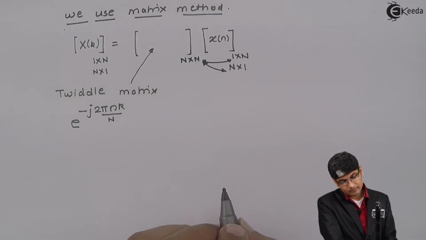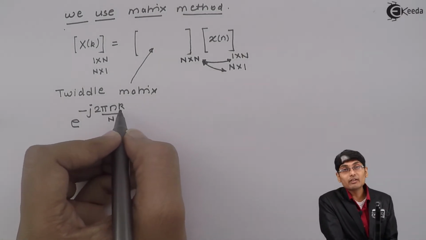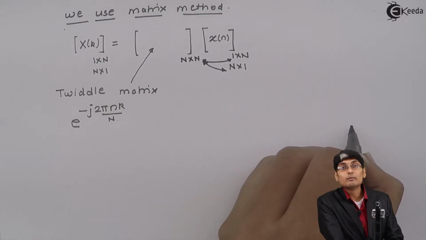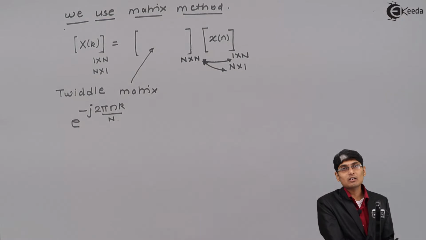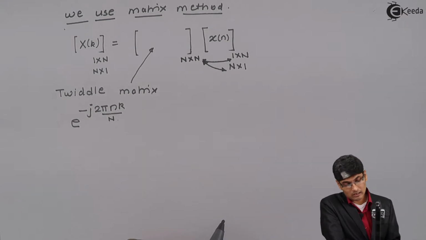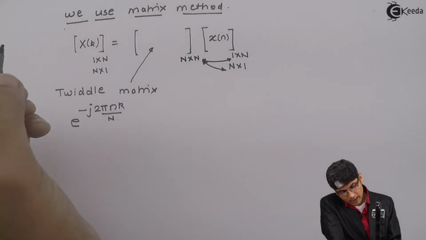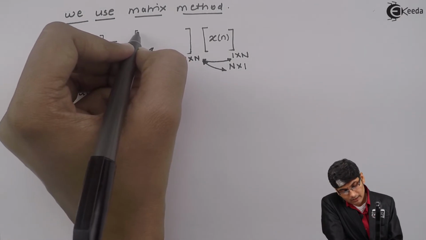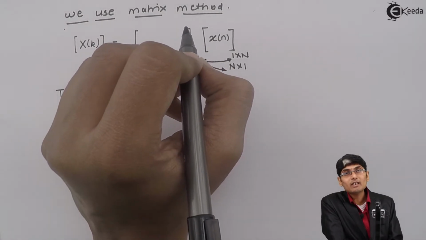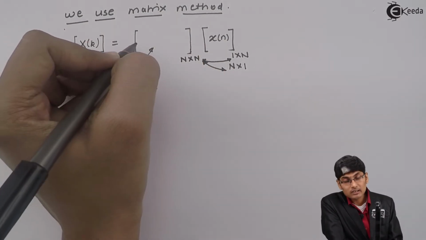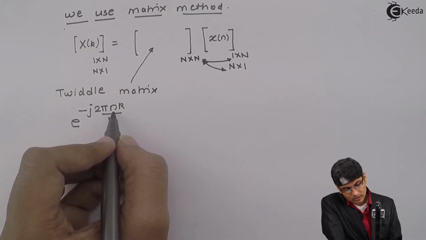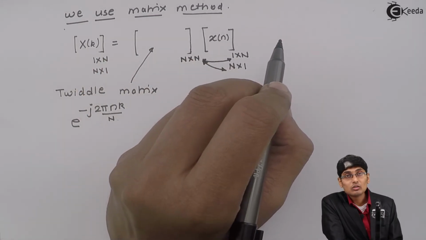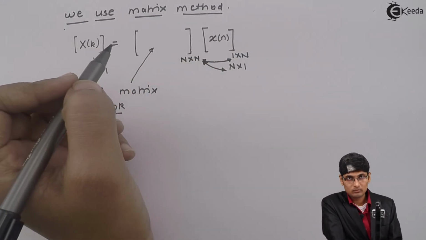So, we have seen that if I go on putting the values of n, I will get a row, and when I put a value of k, I will get a column. So, for the first row, n will be equal to 0. So, whenever I put n equal to 0, I will get a row, and whenever I transit for k, I will get another column or another row.